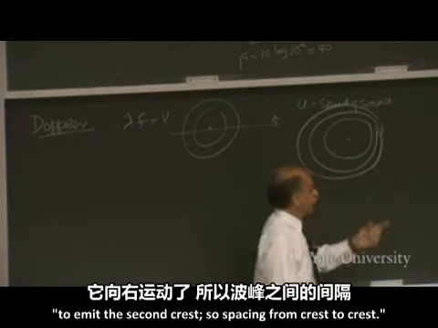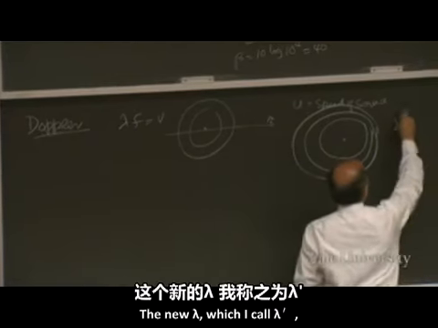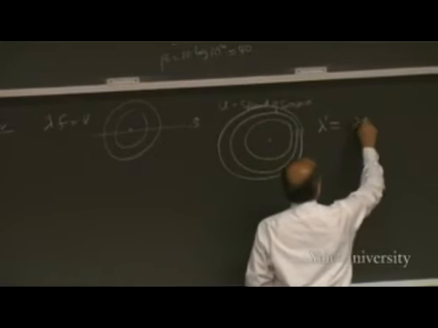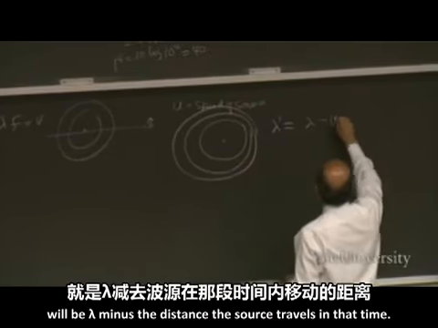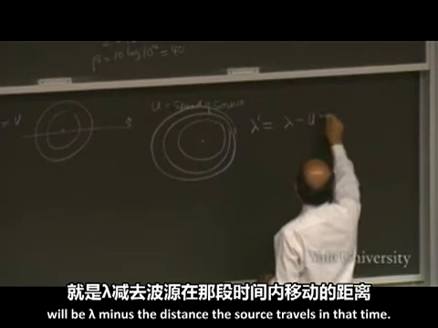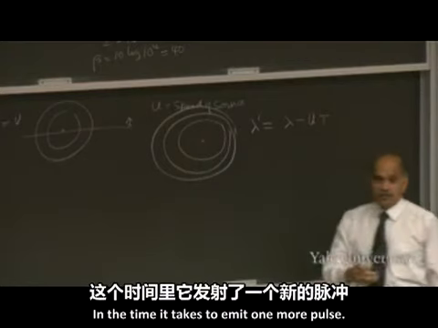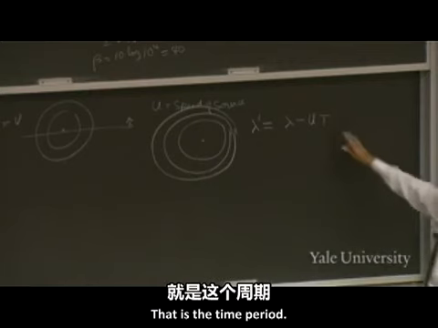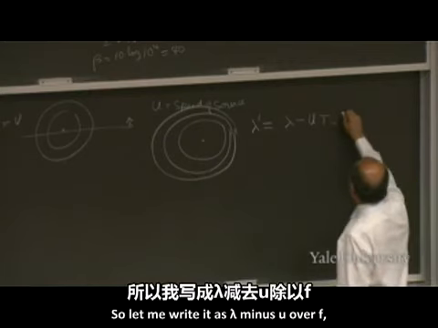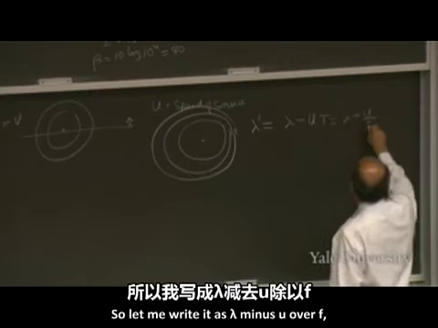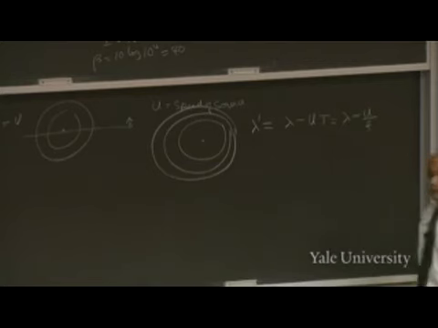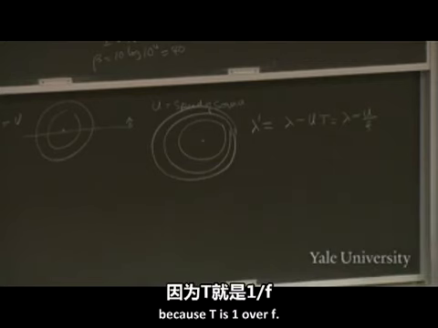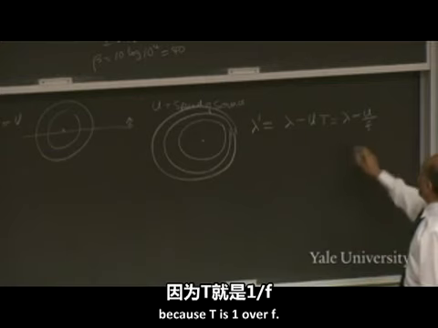So spacing from crest to crest, the new lambda, which I call lambda prime, will be lambda minus the distance the source travels in the time it takes to emit one more pulse. That is the time period. So let me write it as lambda minus u over f. T is 1 over f.